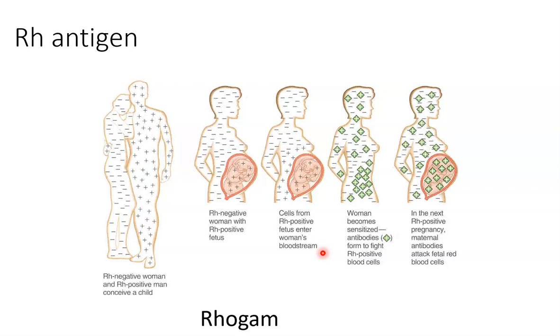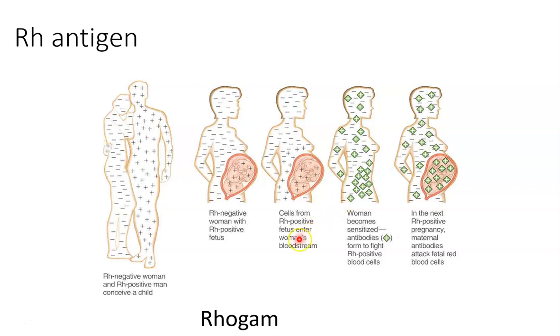I've even seen when the male is Rh negative and the female is Rh negative, and it shouldn't be a concern, they still will give the mother Rhogam in order to stop the production of Rh antibodies. So that is the issue with the Rh antigen or the D antigen. That's why we're discussing it, because it does play a role in a lot of women's lives. Make sure you understand this.